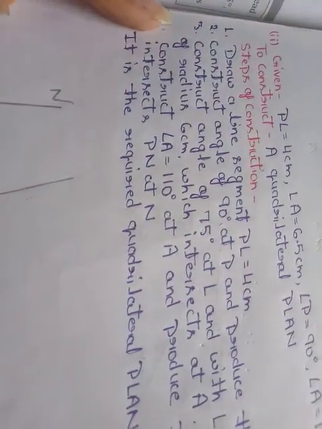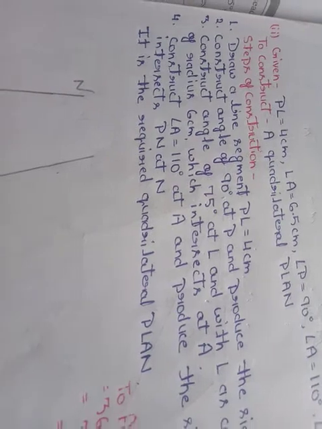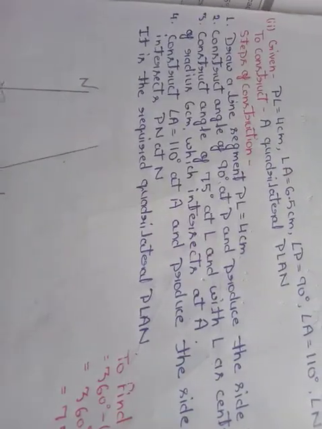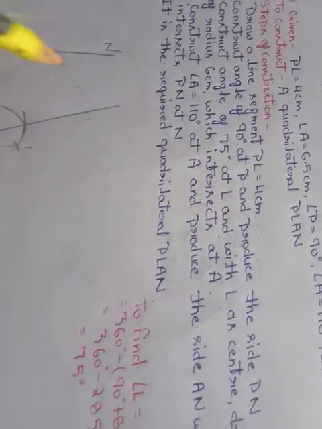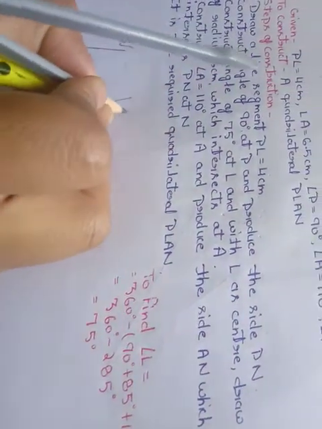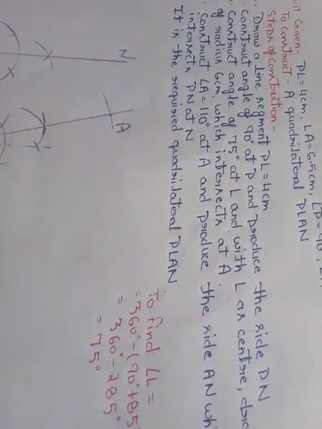And draw an arc of radius 6 centimeters. We draw an arc of radius 6 centimeters which intersects at A. So this is our A point. Now construct angle A equal to 110 degrees.